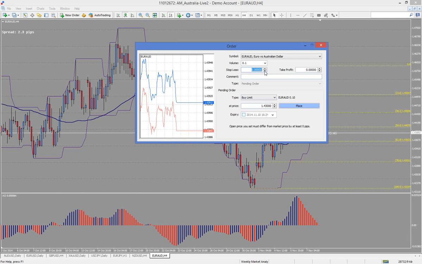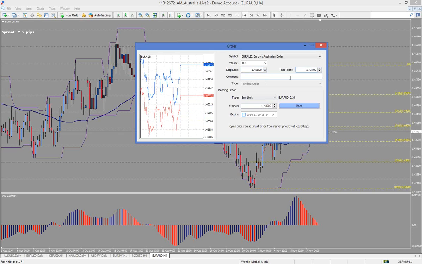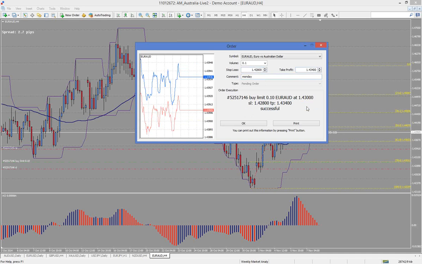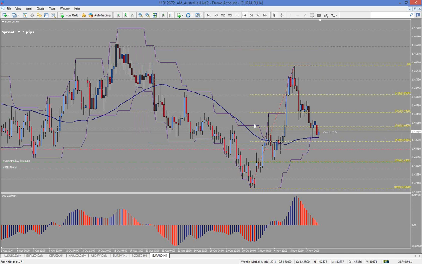My stop will be at 142.80. Oops, is that right? 142.80. There we go. And my target will be 143.40. And there we have it.